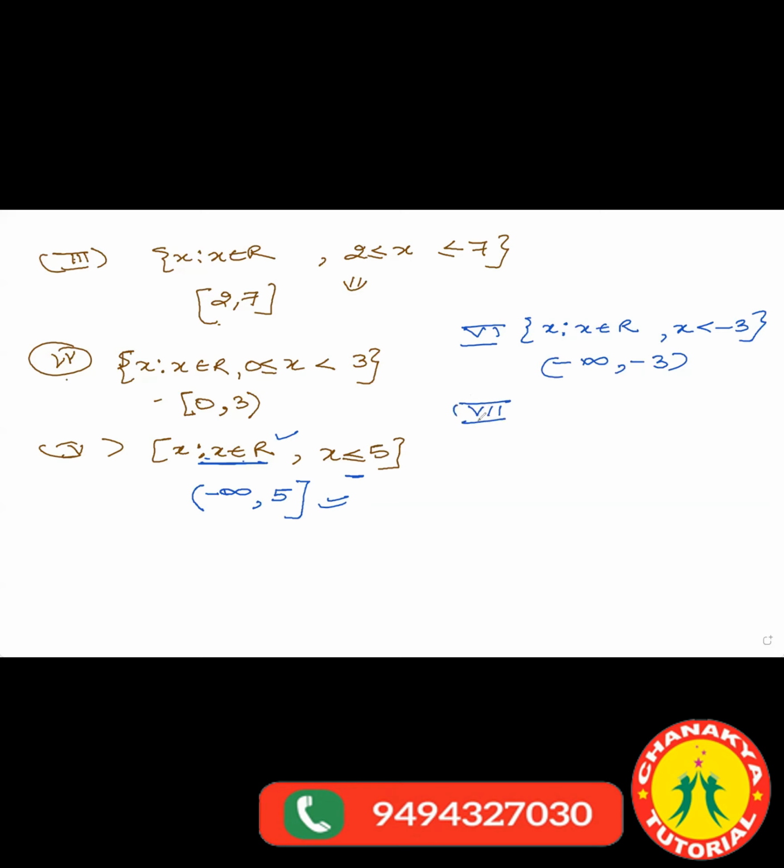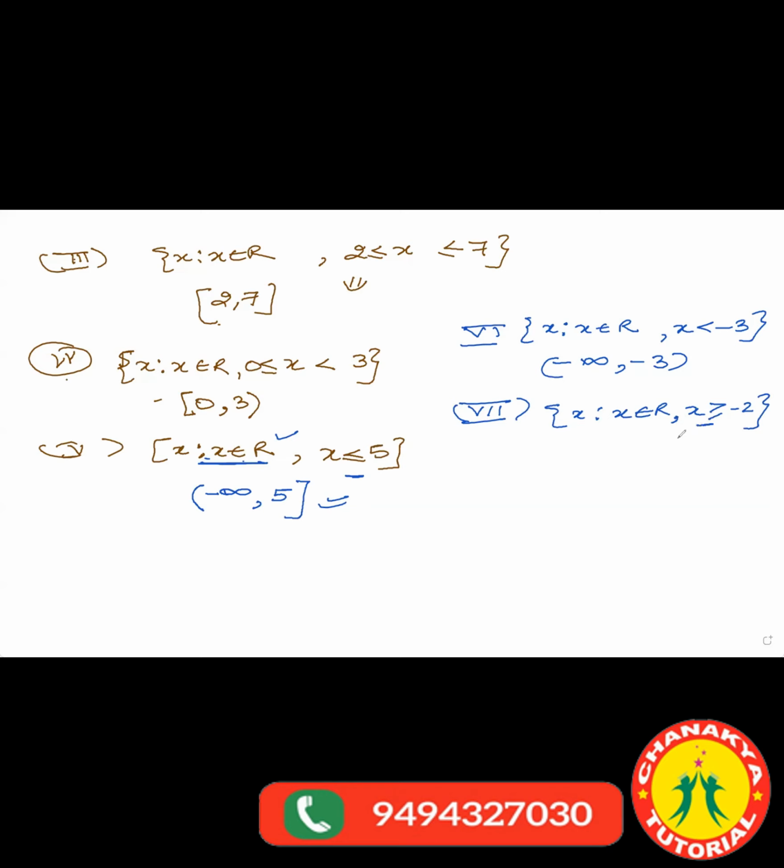Okay. Now, just one. Yes, ma'am. Okay, just one. Just tell me. x such that x belongs to real numbers and x is greater than or equal to minus 2. Closed, open.